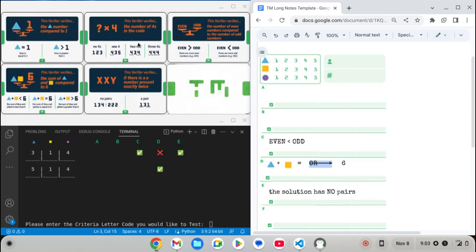Well, it couldn't be in triangle and square because you would need another even and you don't have that. So, yeah, I guess let's go ahead and test criteria card B. Okay, so yes, there is a single 4 in our solution. So let's type that up.